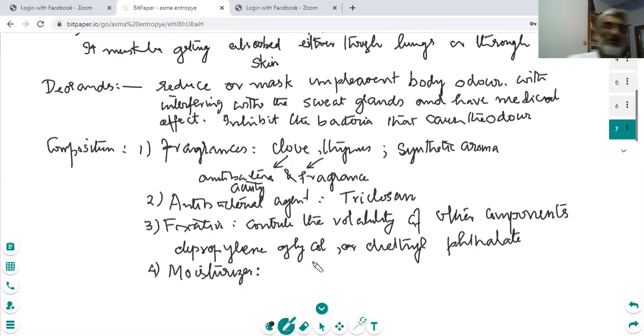A commonly used moisturizer is propylene glycol.